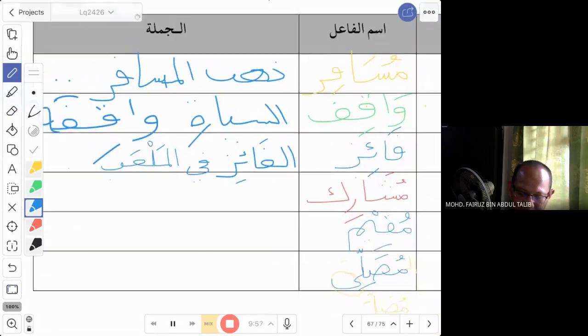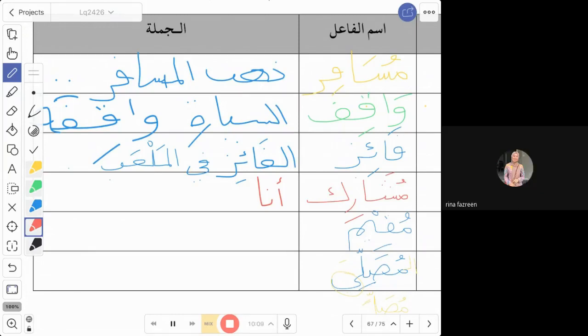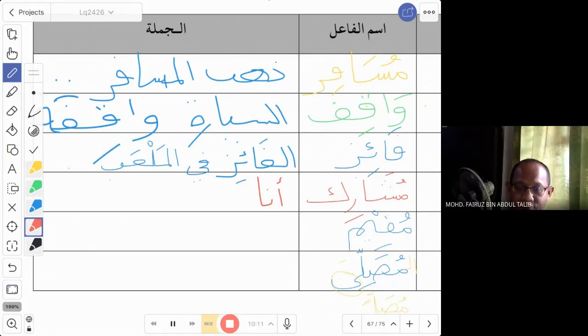I am participating in a competition. So we say ana musyarik. Ana musyarik, yes. Of course, normally you would use a fi'il. You will say ana usyariku. But since we have learned this isim fa'il, you can replace the fi'il with this isim fa'il.